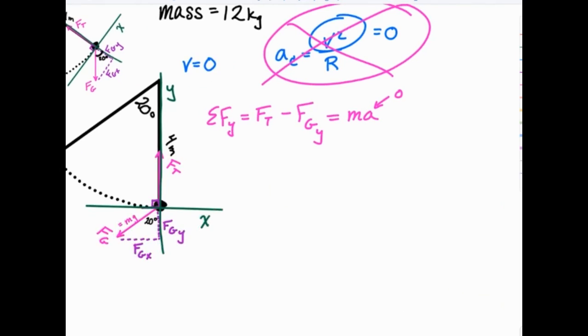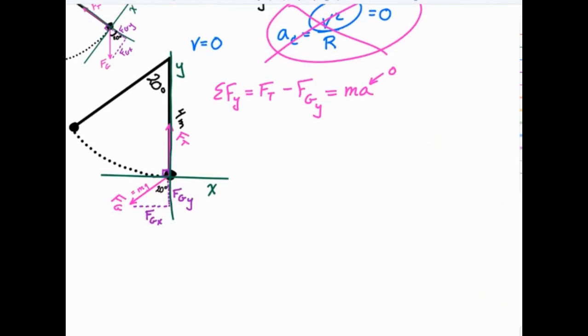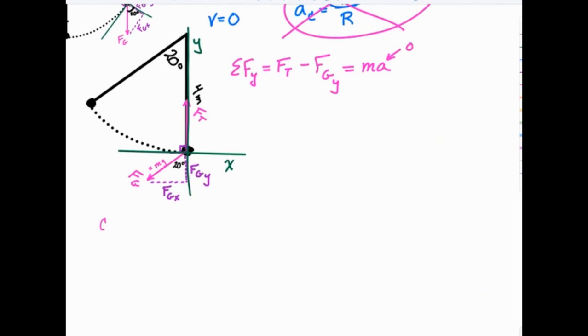Cosine of 20 degrees is equal to adjacent, which is FGY, over hypotenuse, which is mg. And then I'm going to multiply mg to both sides, and I'll end up with mg cosine of 20 is equal to FGY.